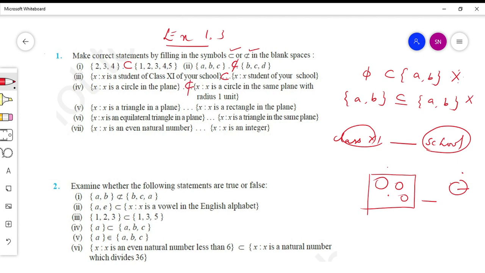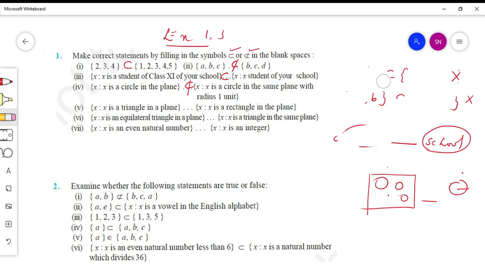Next, when I come to the fifth question, now see the fifth question. Set of all x such that x is a triangle in a plane, dash, set of all x such that x is a rectangle in a plane. So there are two different figures, correct? When there are two different figures, how can you have anything in common?